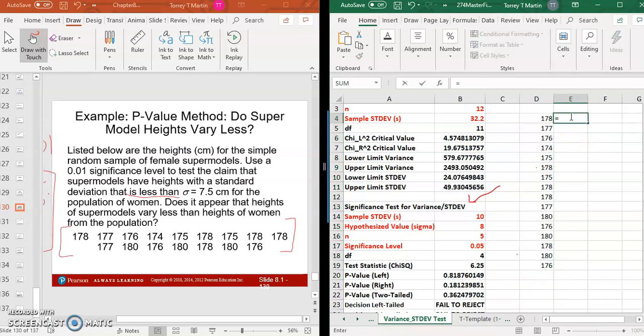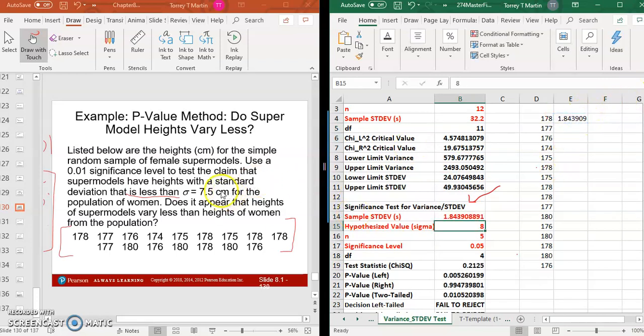Okay, so I'm going to want to do equals standard deviation for a sample. Okay, so I get 1.843909. Now again, this is my sample standard deviation, so I'm going to want to change this to equals this guy.